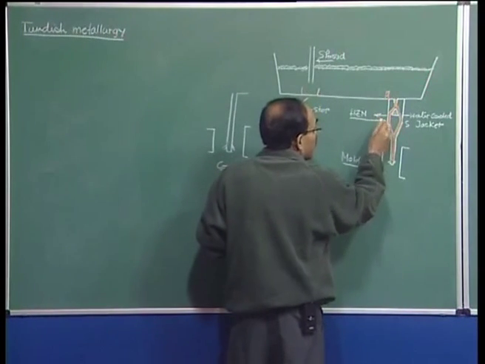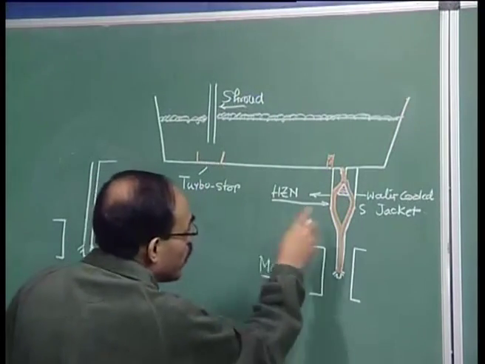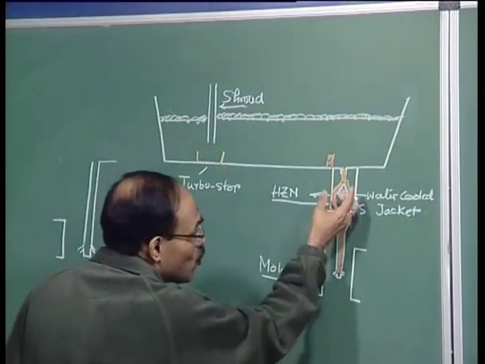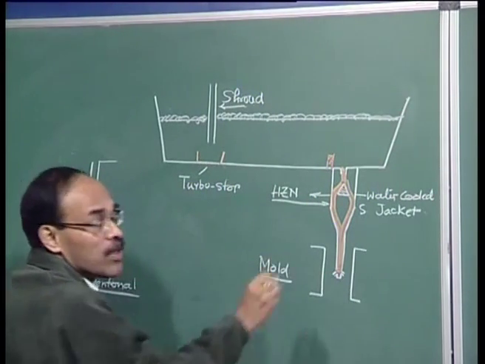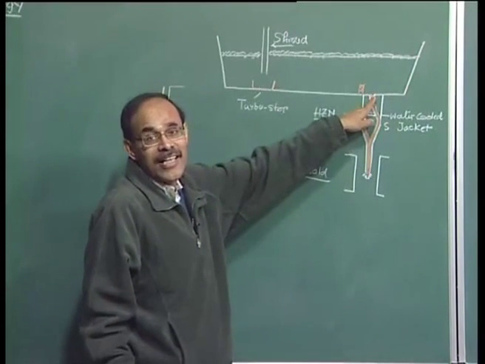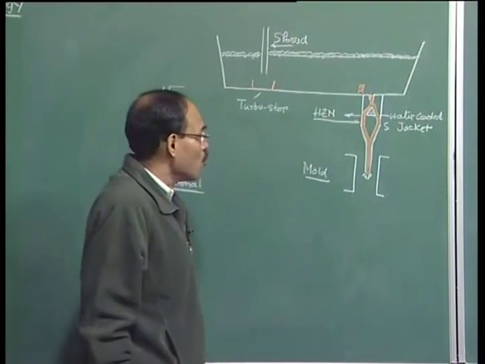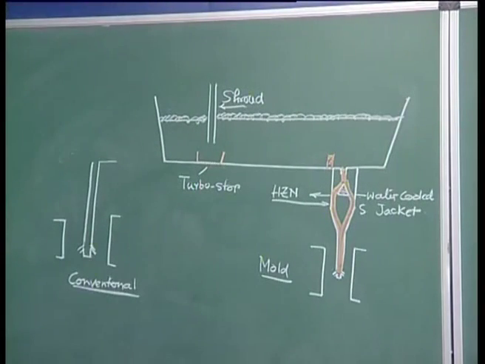By controlling the surface area of contact and the flow rate of water, we should be able to control the heat extraction rate and thereby deliver molten metal at this particular point at the correct temperature, even though the material here is going to be substantially overheated. So, the superheat can be controlled by this new technology very effectively.